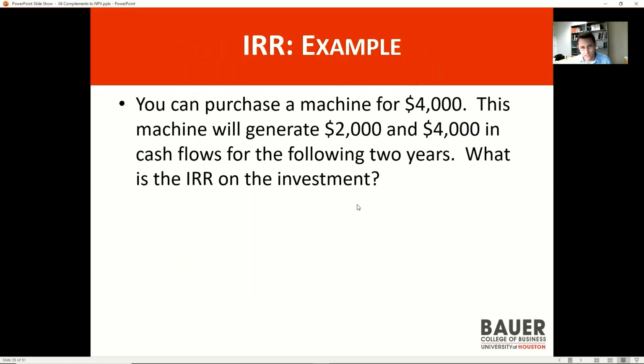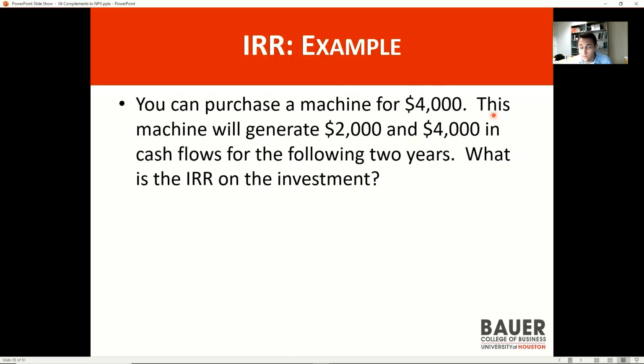So let's just make sure we understand the math here. Here's a simple example. You pay $4,000 for a machine, and then it's going to generate $2,000 in a year and $4,000 in 2 years. So you've got 3 cash flows: $4,000 today, $2,000 in a year, $4,000 in 2 years. How would you go about getting the IRR?